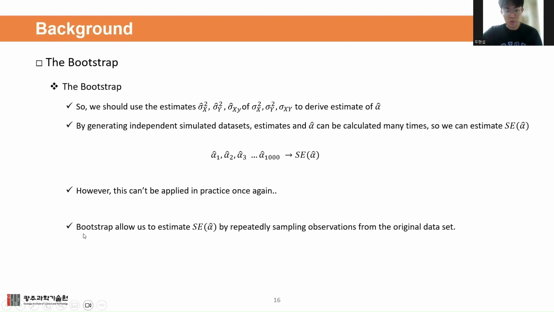But here, the bootstrap allows us to estimate the standard error of alpha hat by repeatedly sampling observations from only the original data set. So we can do this same process only with what we have.